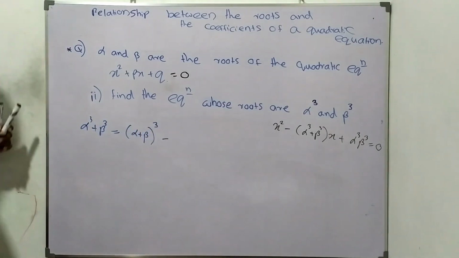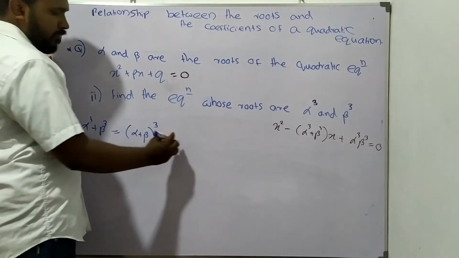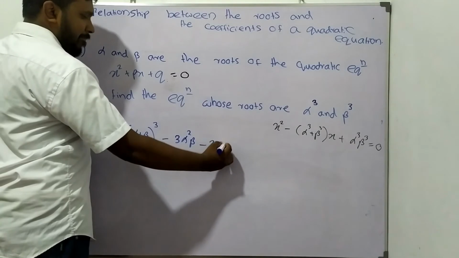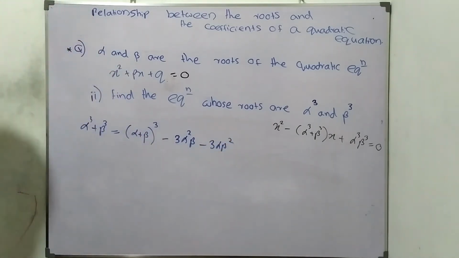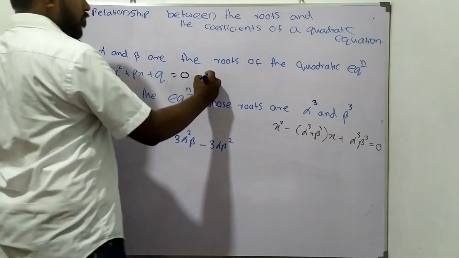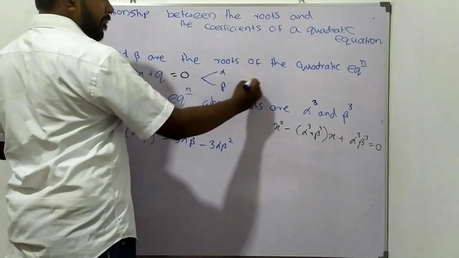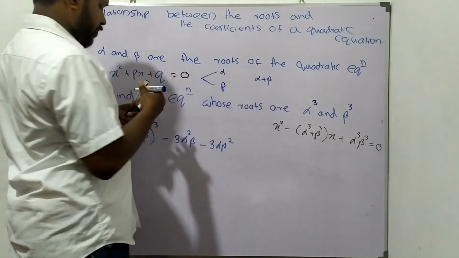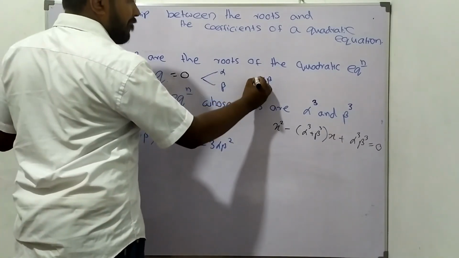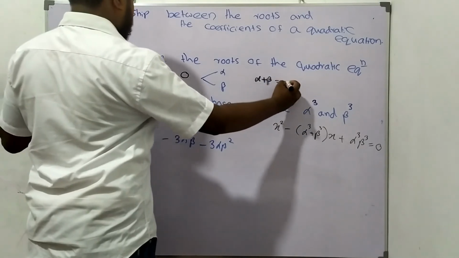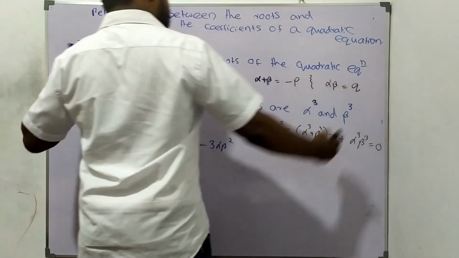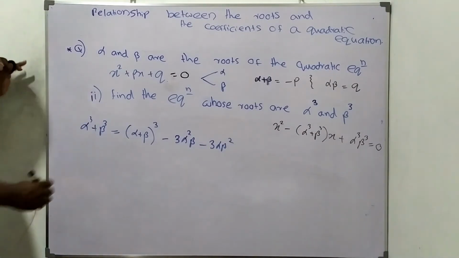Alpha cube plus beta cube is like alpha plus beta whole thing cube minus 3 alpha squared beta minus 3 alpha beta squared. I deduce the middle terms of the alpha plus beta whole thing cube. Alpha plus beta is minus p as previous, and alpha beta is q.